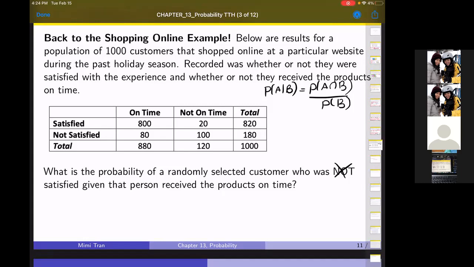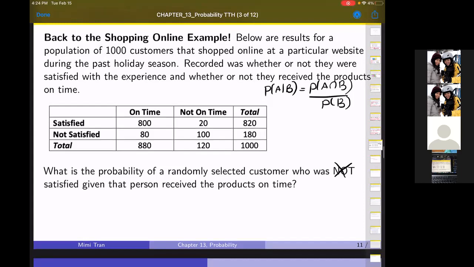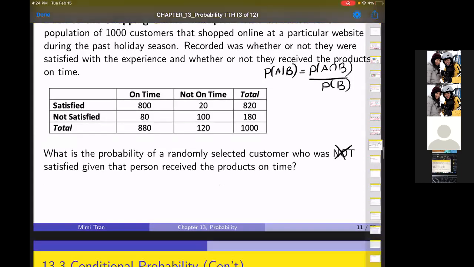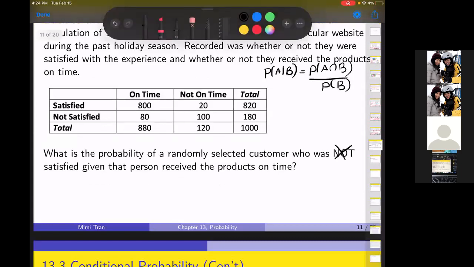Very good. Thank you. What's your name again? Thank you, Medicine. So here, I want to know what's P of satisfy given receive on time.